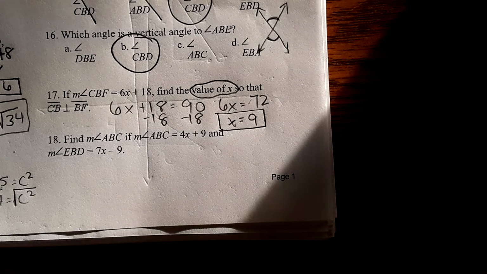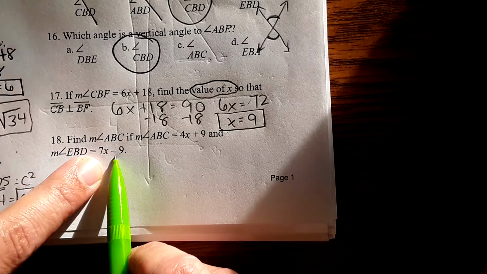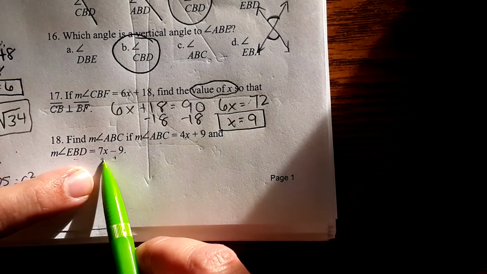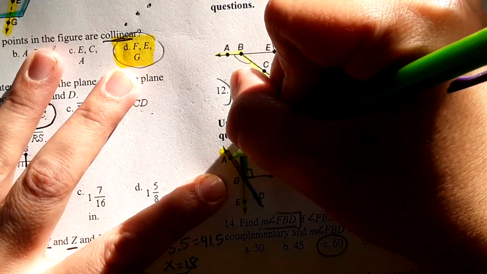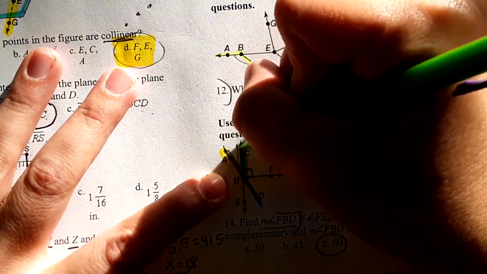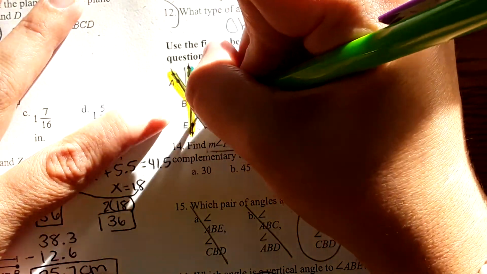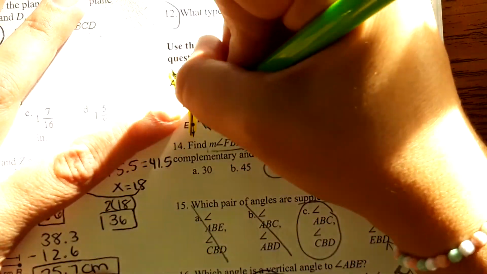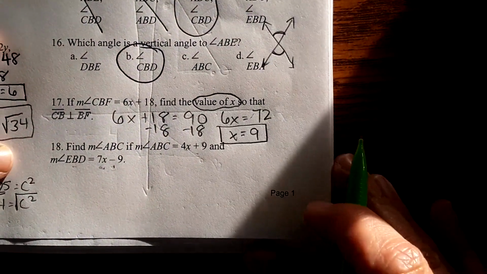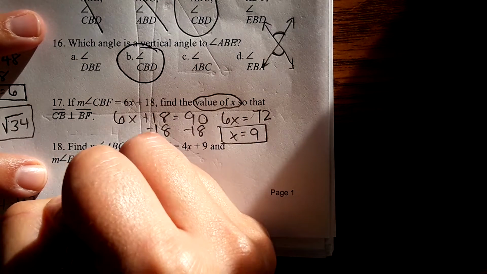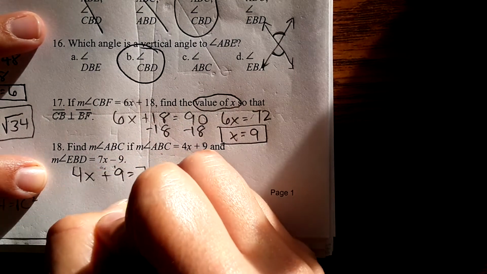Okay, the next one, find the measure of ABC if ABC is 4x plus 9 and EBD is 7x minus 9. We need to look at their relationship to figure out how we need to set this up. So going back up here, ABC is right here. And then EBD is right here. They are vertical angles, so therefore I can set those expressions equal. So all I'm doing is setting this equal and solving for x.